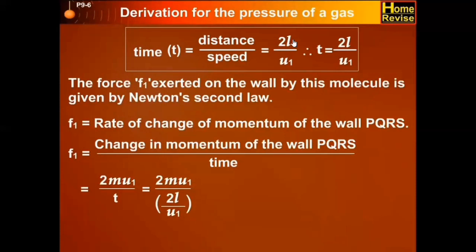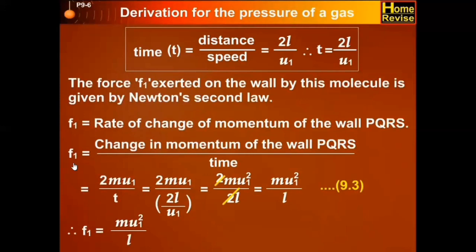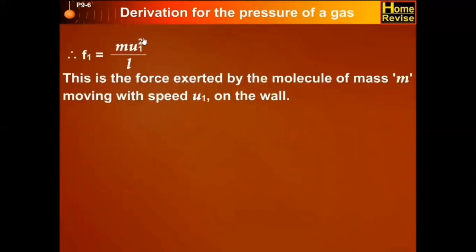Then we put these values in and get F1 equal to mu1 squared by L. So it is very easy to find the force of the first particle in the x direction.